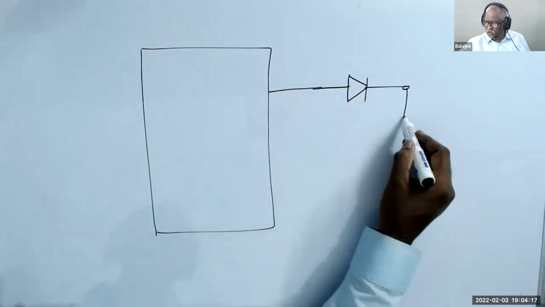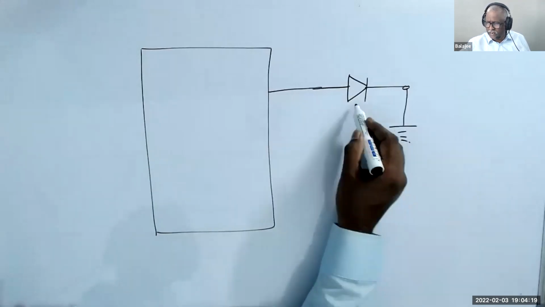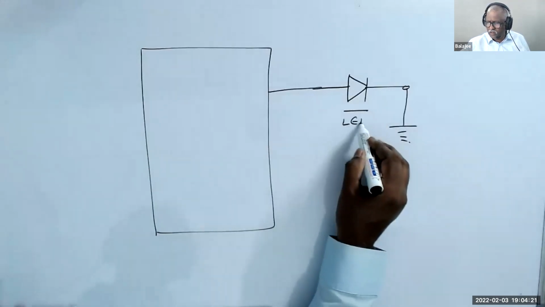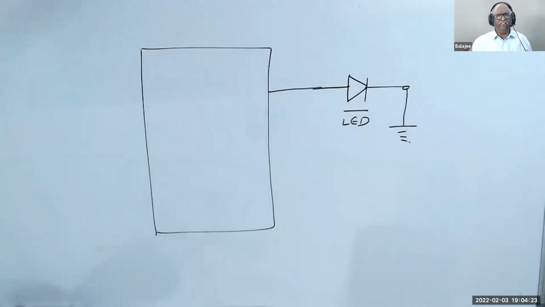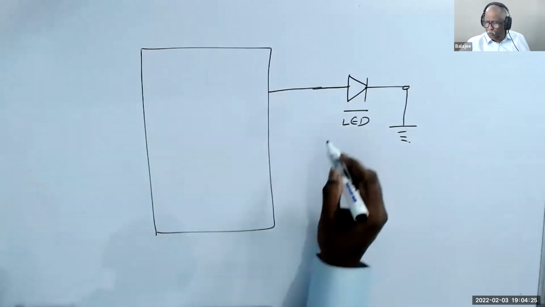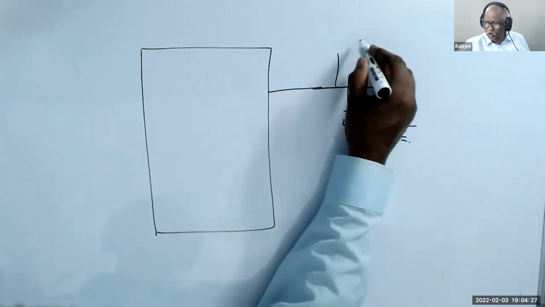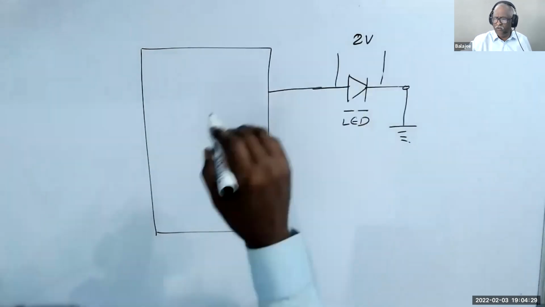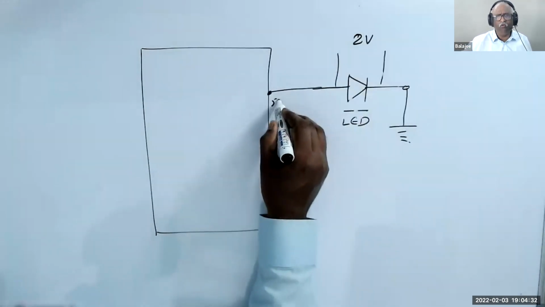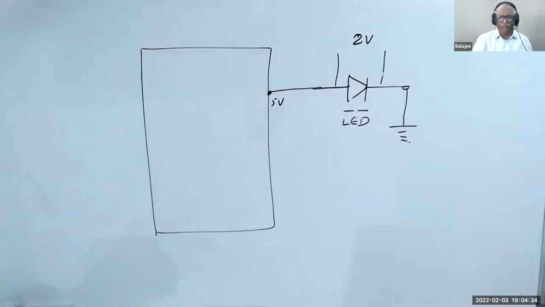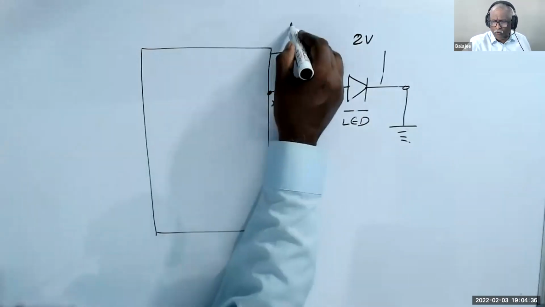And we have connected this to the ground because it's an LED. The LED spec says you're supposed to give 2 volts, but we are giving 5 volts because we are using a 5 volt microcontroller.